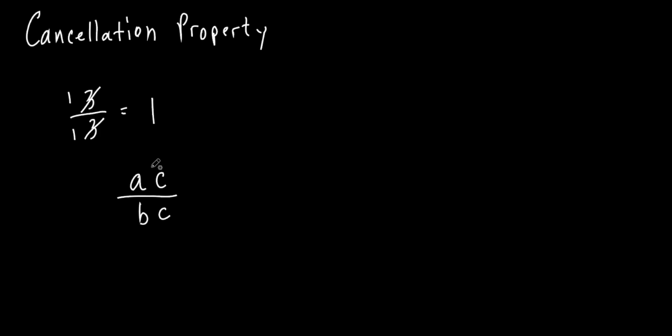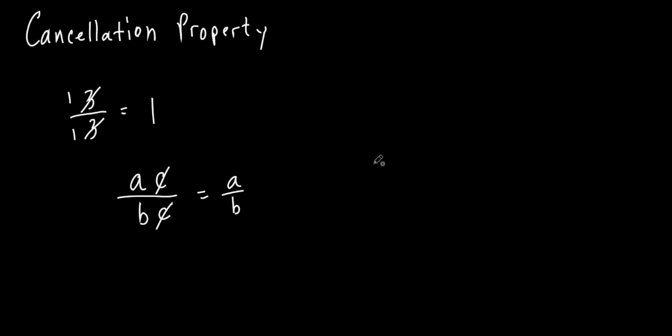You can only cancel them out if the same number on top and bottom are being multiplied by something else. C is being multiplied by A, and this C down here is being multiplied by B. Yes, you can cancel them out. So, bang, bang, canceled them out. And then what am I left with? A over B. That's when you can cancel stuff out.